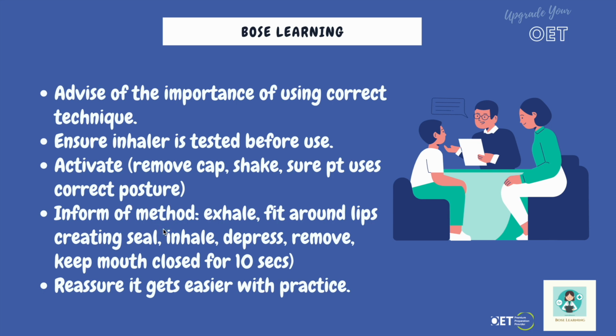You might have to inform the patient of the method: exhaling, fitting around their lips, creating a seal, inhaling, depressing, etc. And you might need to reassure them a little bit that it gets easier with practice. So this is very quickly a kind of summary of what you might get in a task card in the roleplay.